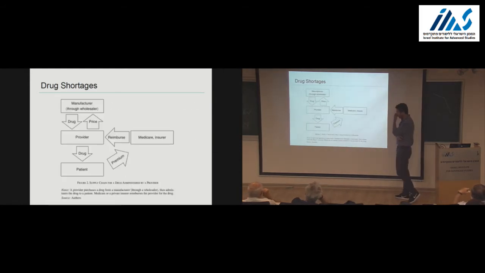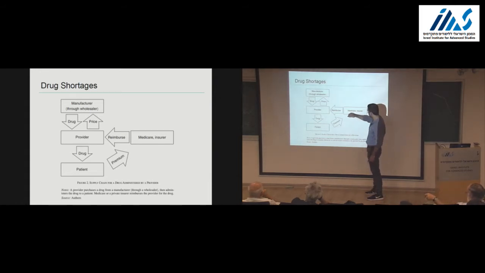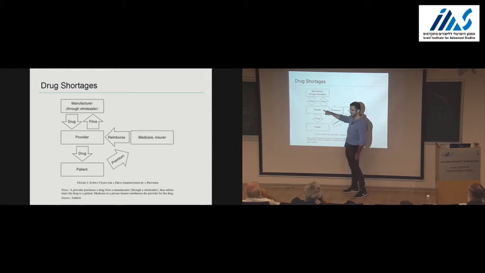So now, the idea in this paper is that Medicare changed how it pays providers for these drugs. They changed it in a way that makes it less attractive to be a provider administering these drugs.